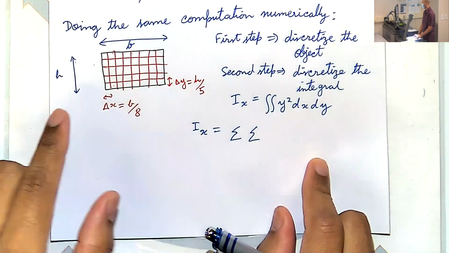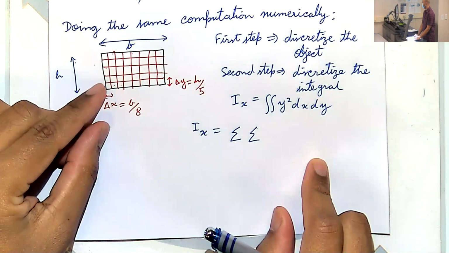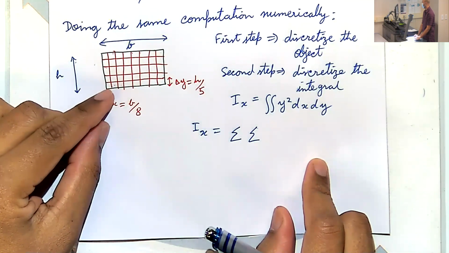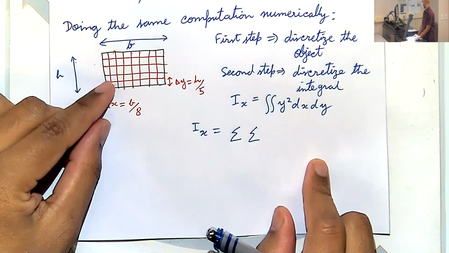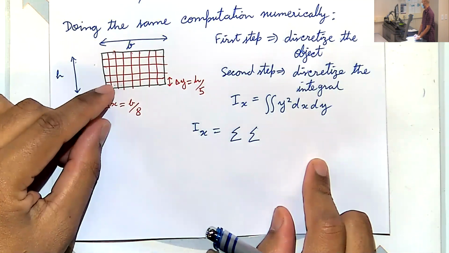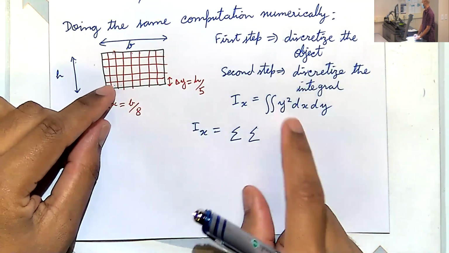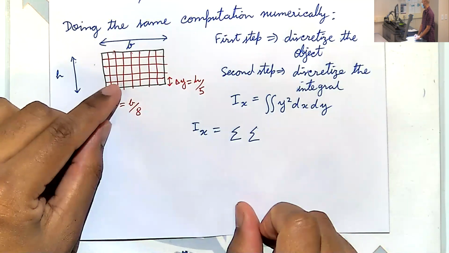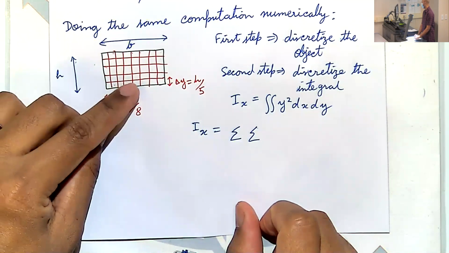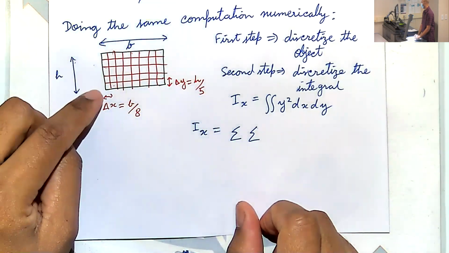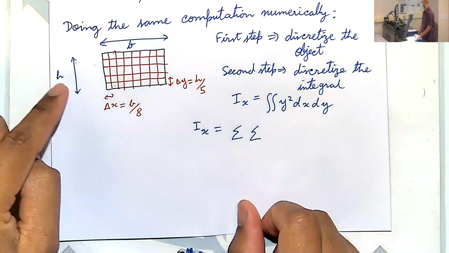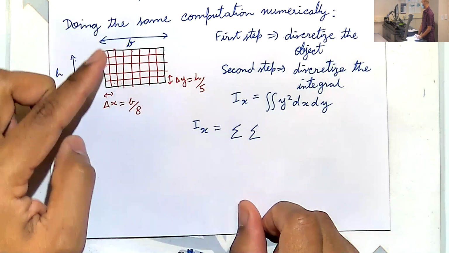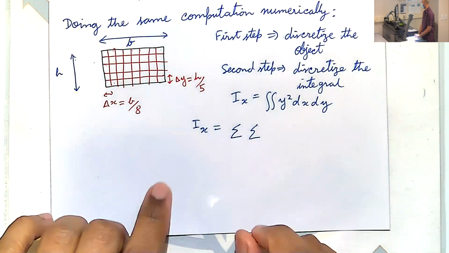The summation just means we take each square or rectangular box one at a time, compute the insides for that box, do it for box number 2, box number 3, and so on for all of them. And then we basically sum it up in the x direction and in the y direction. That's all we have to do.